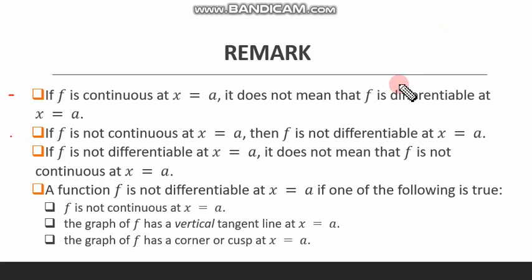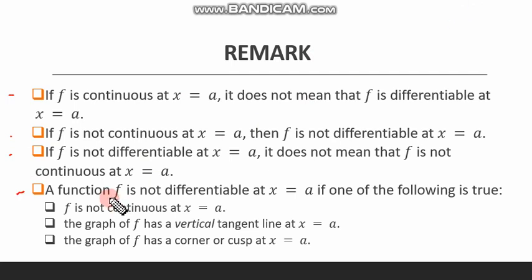That also means that if our function is discontinuous at that point, automatically we could conclude that it's not differentiable at that point. The third one is, if the function is not differentiable at x equal to a, it doesn't mean that f is not continuous at x equal to a. Again, if our function is not differentiable, our function could be continuous at that point or not. We don't know until we solve it.